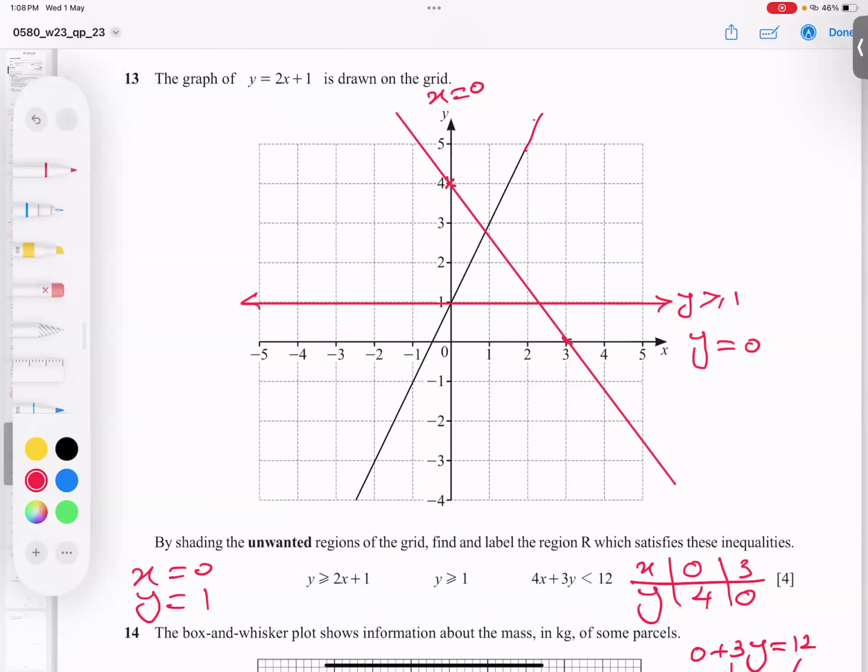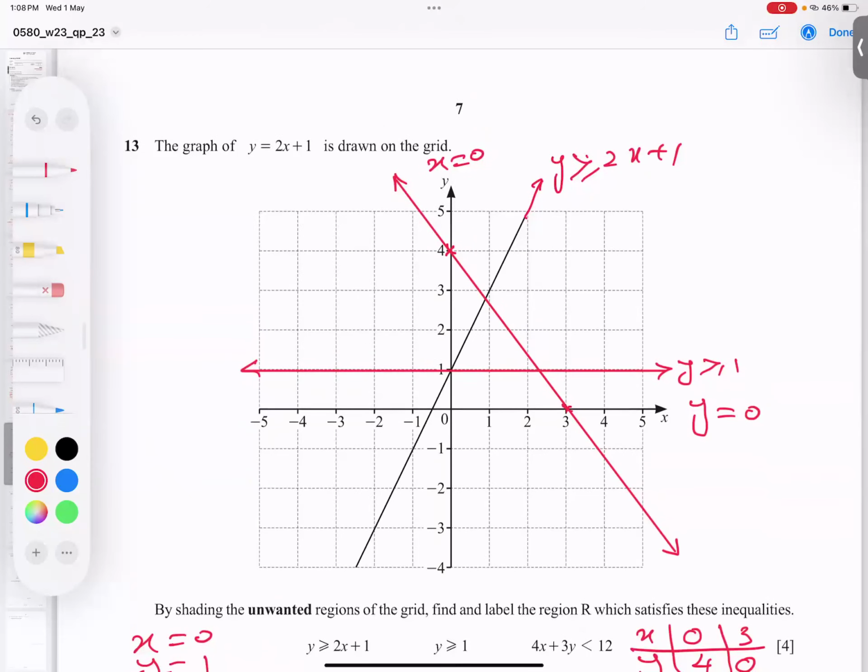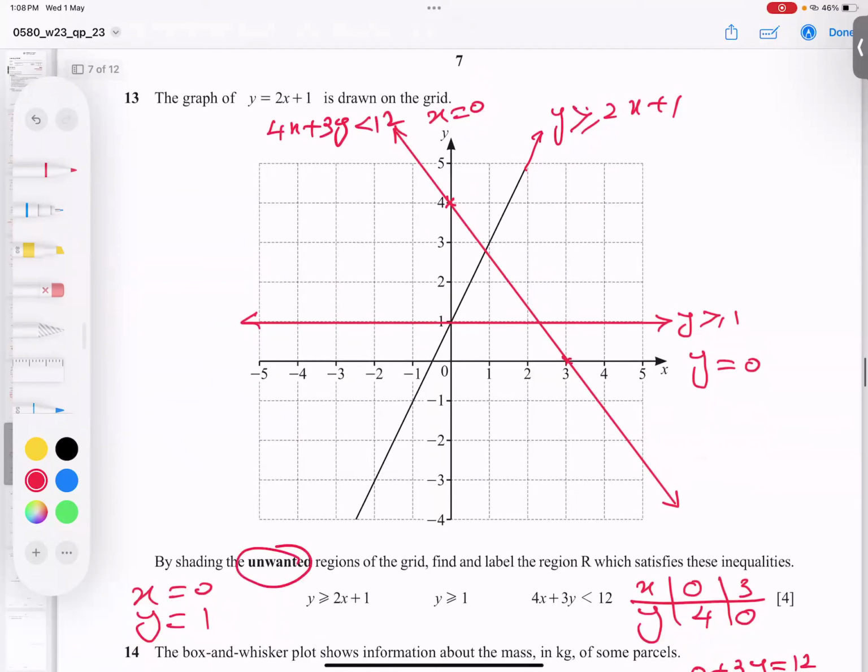And the best technique, write all inequalities on the lines. And the third inequality I'm writing as well, which is 4x plus 3y less than 12.